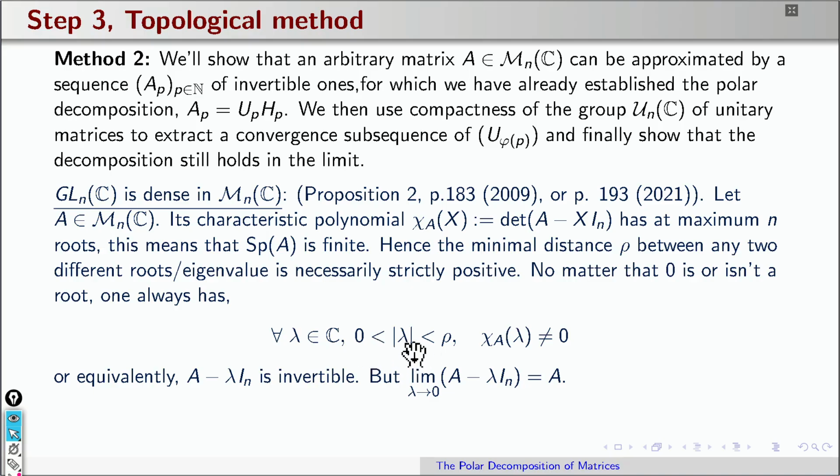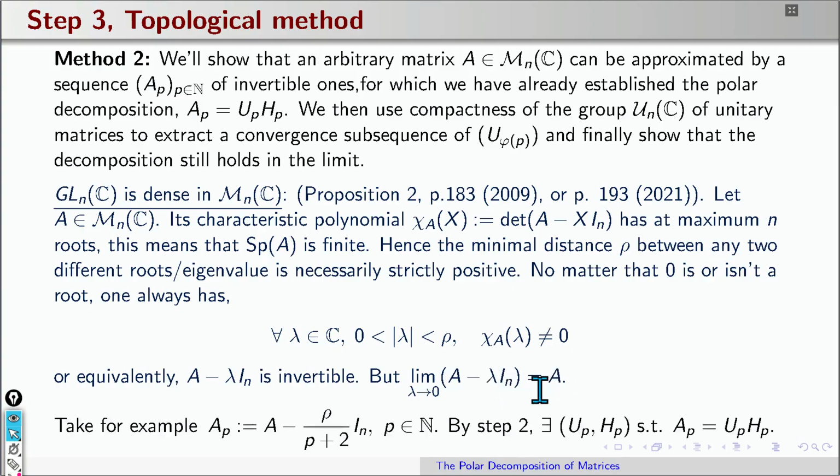So if you take a complex number between 0 and the minimal distance that is strictly positive, the characteristic polynomial applied to that lambda will be different from 0. It means the determinant of A minus lambda identity is different from 0. It means that this map is invertible. So you even have a path that converges to A where all of the elements are invertible.